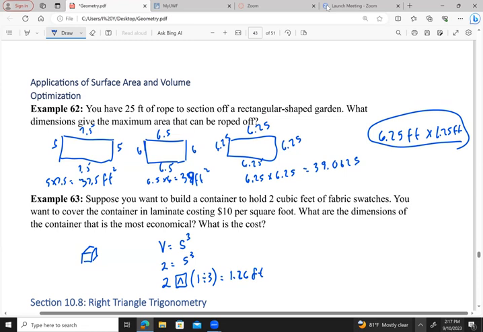So I have 6 sides, all of which are 1.26 feet by 1.26 feet. 1.26 times 1.26. And then I'm going to multiply that by 6. So I get 9.5256 square feet of material.